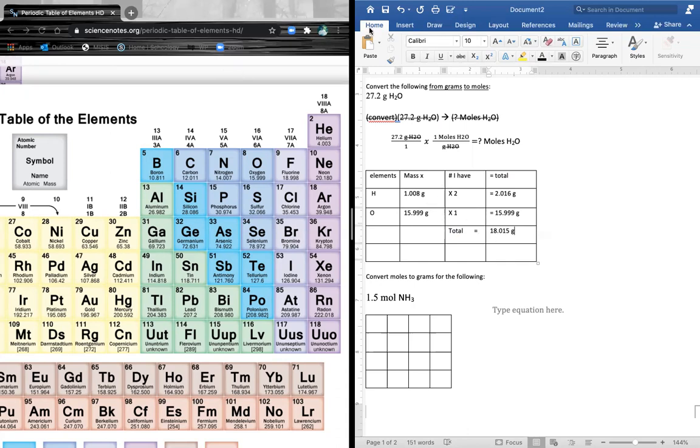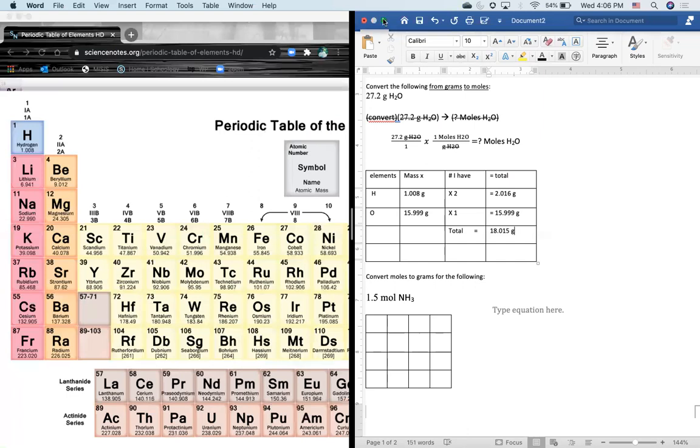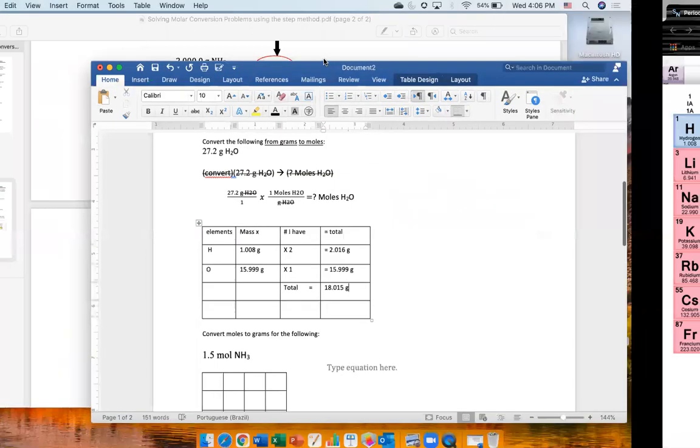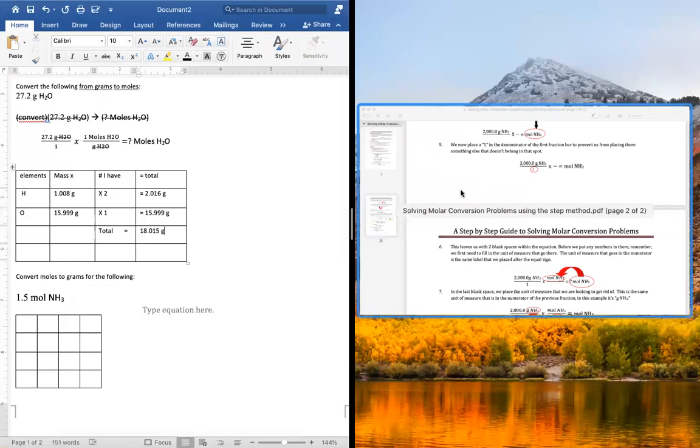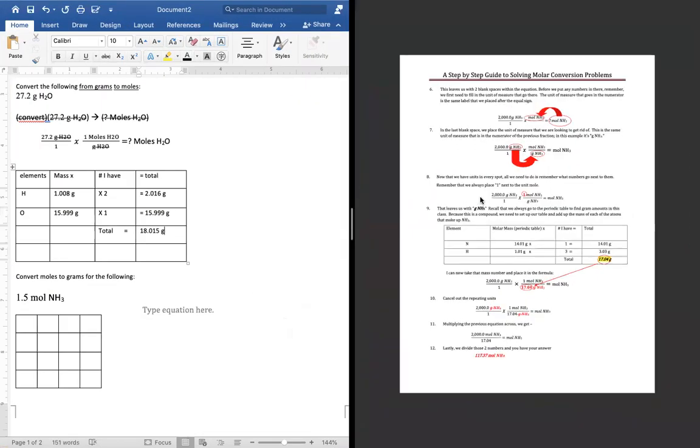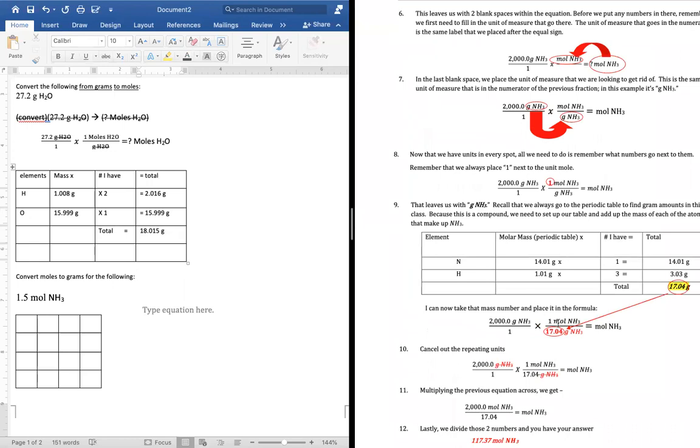What's the point of that? The point of that is, that's the number we were looking for. So if we go back here to step number 9, the point of that is we just found a gram amount. Again, why units are so important.